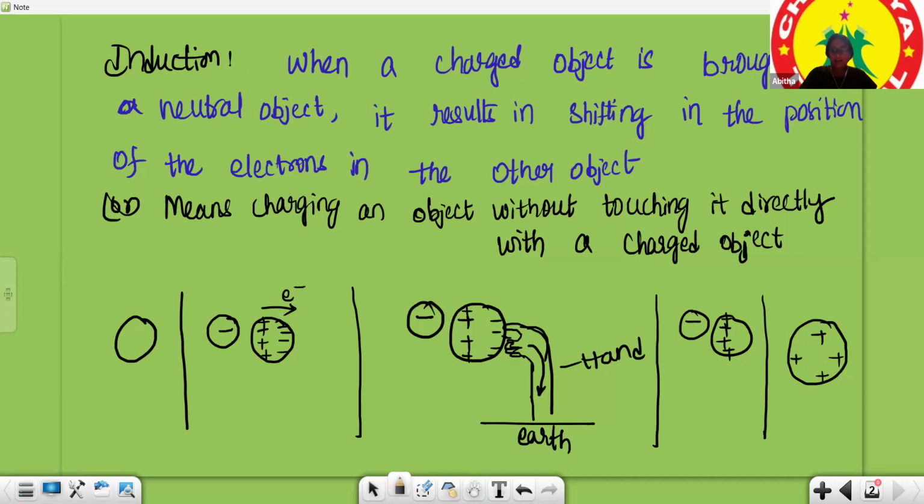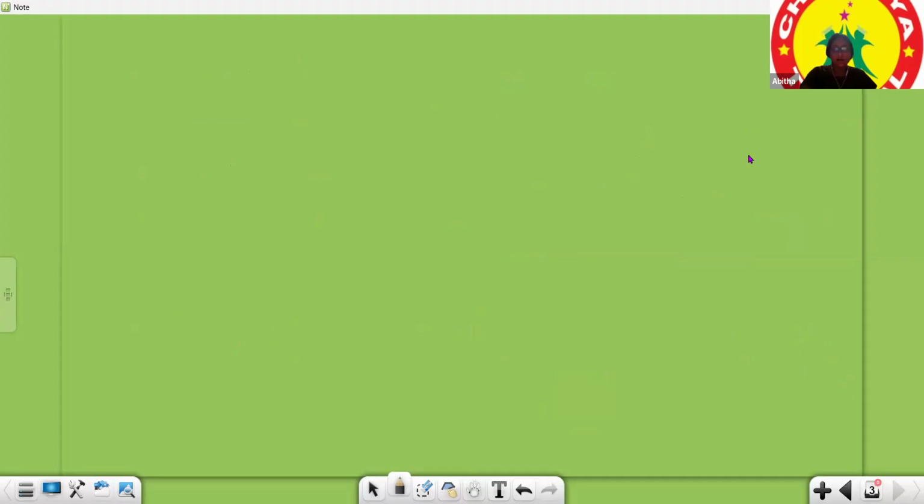So we can write simply the conclusion about conduction as well as induction. In induction, you cannot see a physical contact between the charged and uncharged object, but in conduction, you need a physical contact between them.